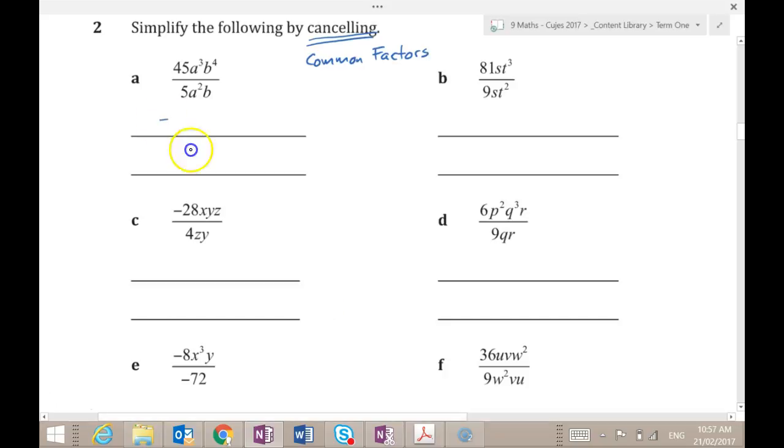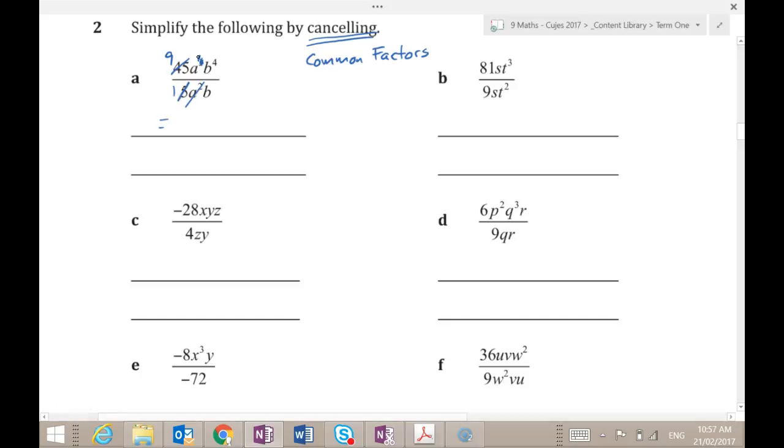This first one here, 45 and 5, 5 goes into both of those numbers, doesn't it? It goes into this one once, and how many times does 5 go into 45? 9, beautiful. Then you just get to your letters. On top, I've got 3 A's being multiplied together, and on the bottom I've got 2. So I can cancel 2 of the A's down the bottom with 2 of the A's up the top, which is just going to leave me with A to the power of 1, isn't it?